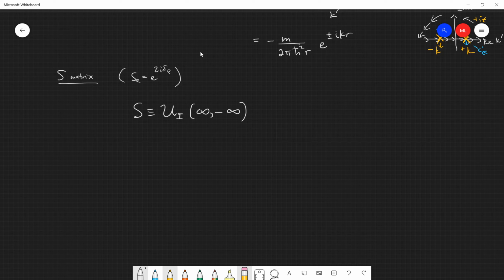The idea is, what is scattering? You have a target here, and you are coming in with some initial momentum K, and far in the past, you just have a free particle with some momentum.